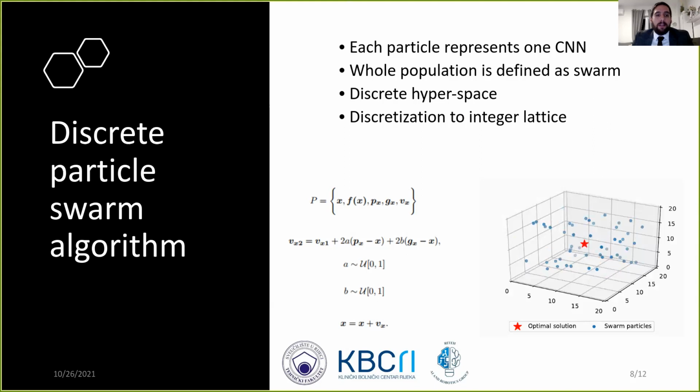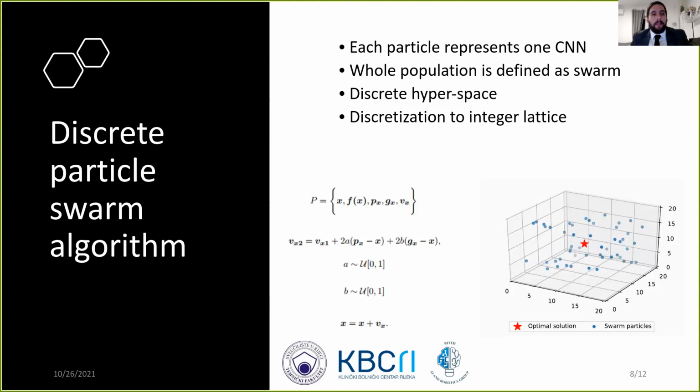This integer lattice is defined due to the fact that hyperparameters can be defined only as discrete values. So we can have 100 or 200 training epochs. So we must have strict integer values. So all hyperparameters are defined by an integer value in the integer lattice.